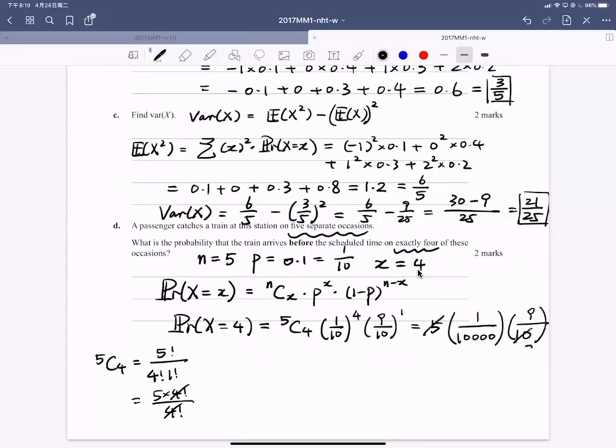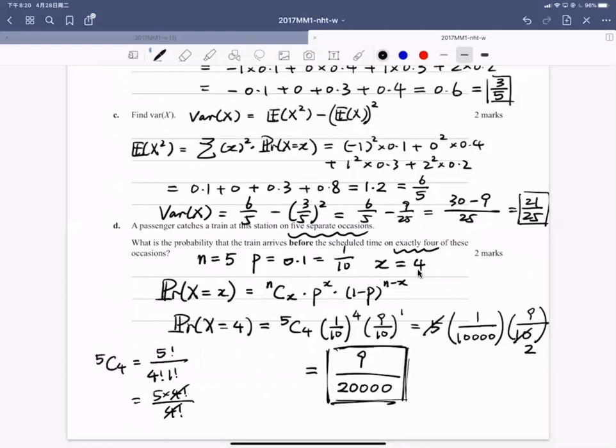Cancel them down. You have 2 here. So the probability should be 9 over 20000. That's it. That is your probability of catching exactly 4 of these occasions where these trains arrive before the scheduled time. Okay?